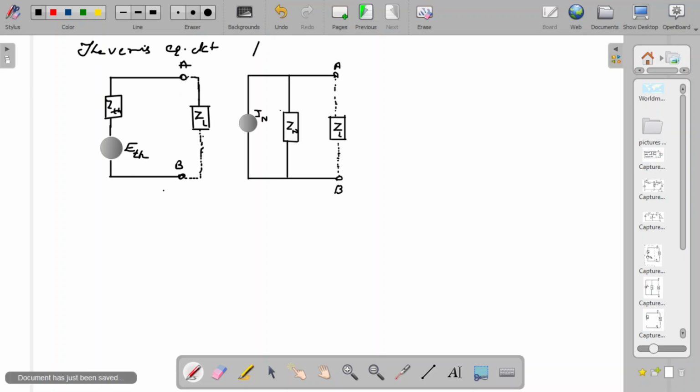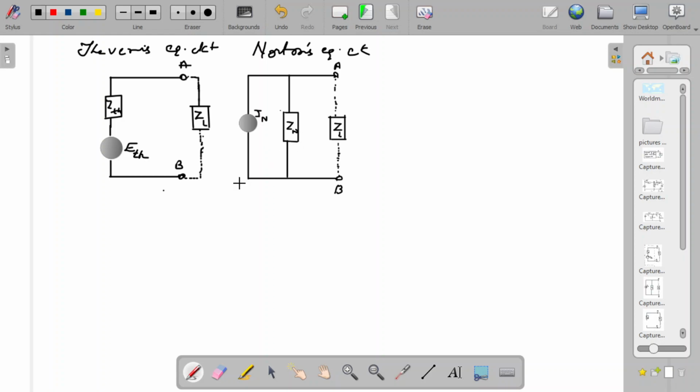Now we have studied the Norton's equivalent circuit. As per that, the whole circuit can be replaced by a current source IN in parallel with the Norton's equivalent impedance, which is the same as the Thevenin's equivalent impedance. Here it is termed as Zn.